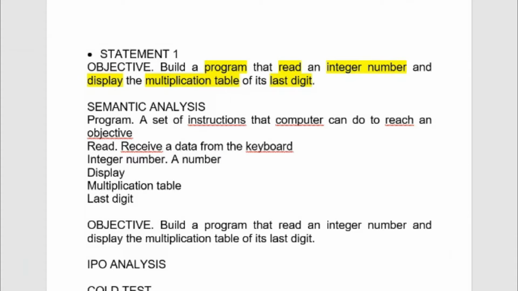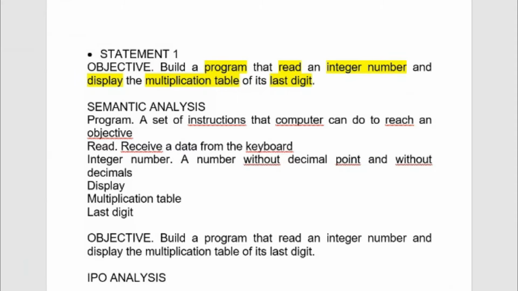This is a number without decimal point and without decimals, of course. Now what is display? Display in the terms of computer programming is show a result in the monitor of your PC.